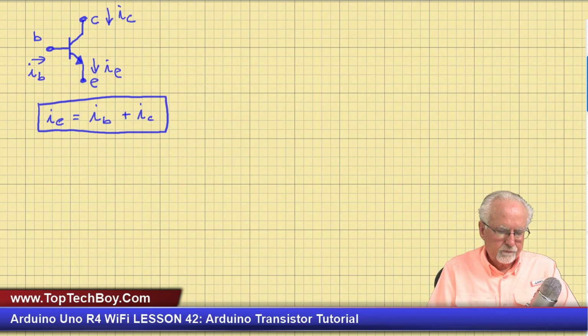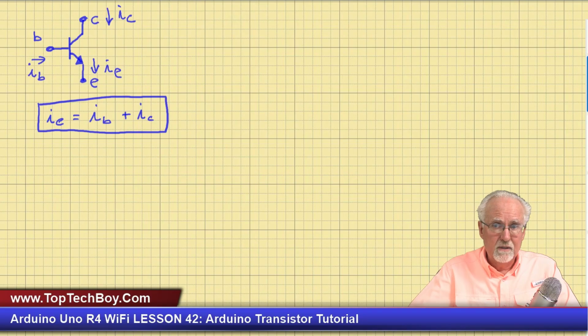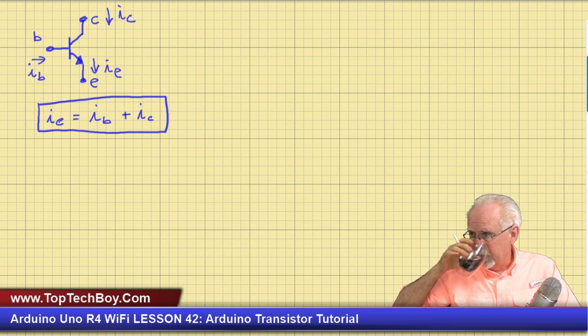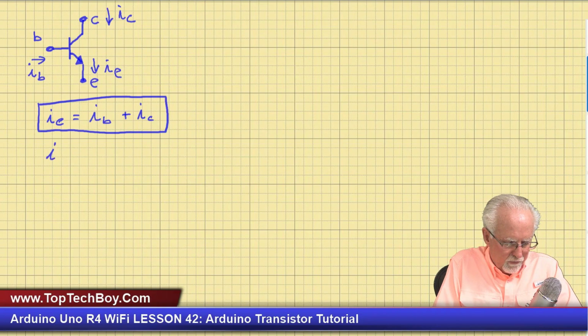But now, how do the currents relate to each other? Well, the base current is very small. It's down in the low milliamps. And then the collector current is an amplification of the base current. So how would I write that? The collector current is equal to some amplification beta times the base current.